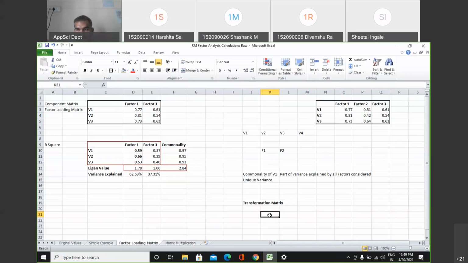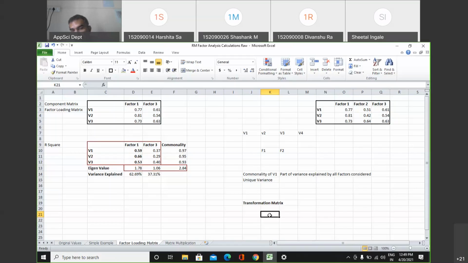The difference will be the same. So those sort of comparisons can be done only when the initial data is in particular scales. Not every scale will allow us to use factor analysis. Not every scale will allow us to use all the research methods.